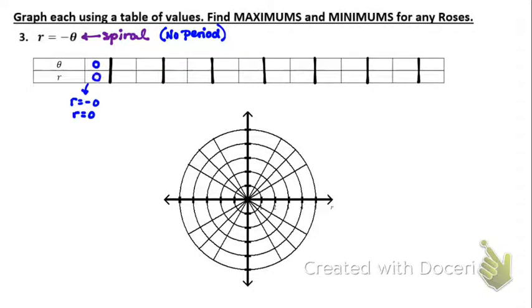I'm going to have a point at the origin, 0, 0. What's the next angle value I should have? Pi over 6. We're going to substitute it in. R equals -, and then I put in my value for theta. -pi over 6 is the exact output, but I don't know where that is on my graph. Can you guys pop that into your calculators and give me a decimal approximation? I know it's going to be a negative.